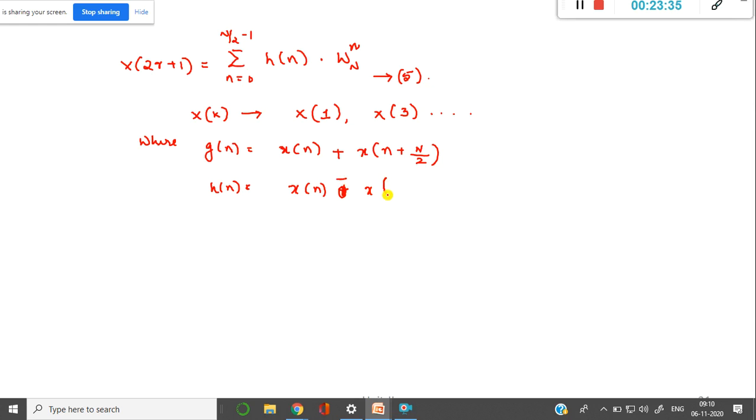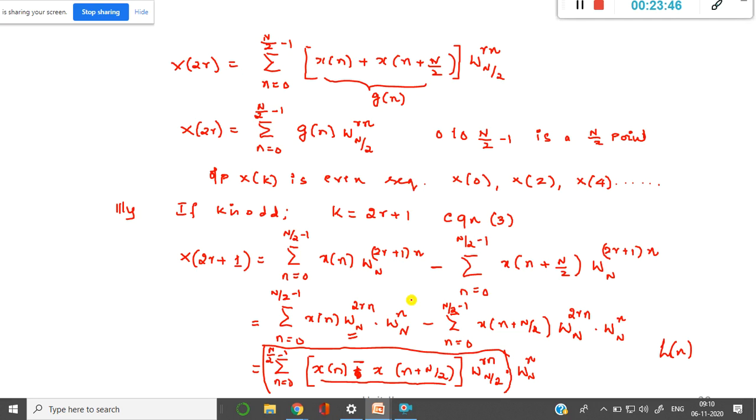The entire thing is going to be multiplied with W_N to the power of n. So this entire thing will be h of n, and that value is going to be multiplied with W_N to the power of n.